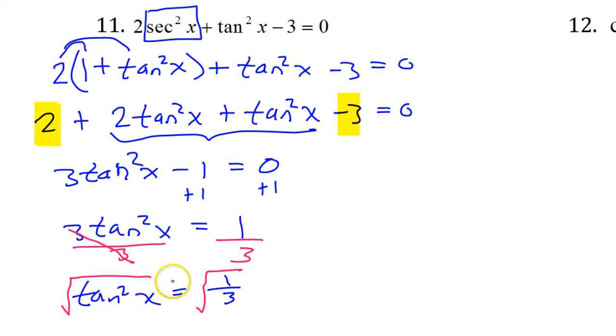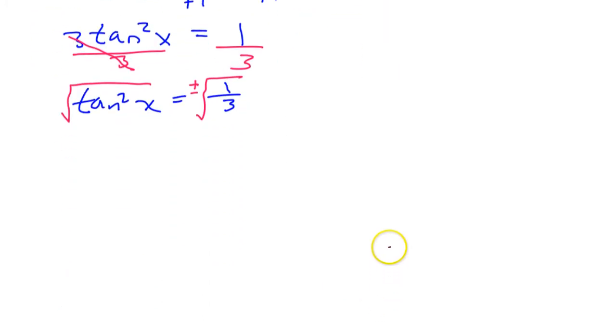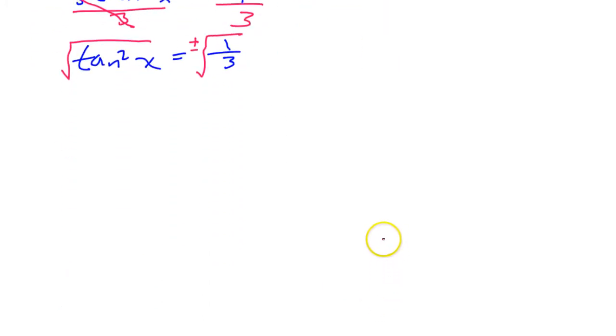Be careful, when you take the square root of both sides of an equation, the solution can be positive or negative. So don't forget your plus or minus, or else you will be missing half of the solutions. So as I write the next step, sometimes I lose a student or two.